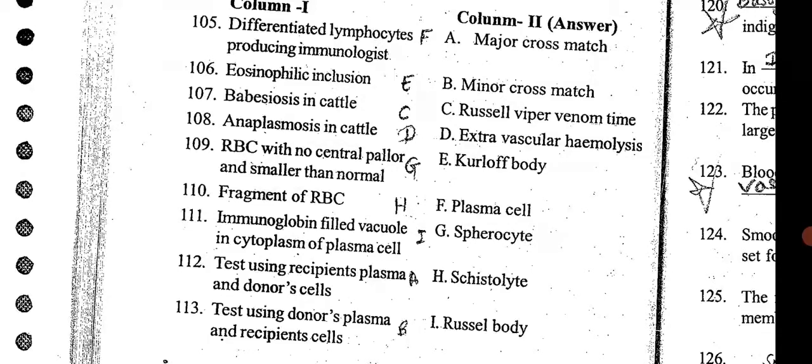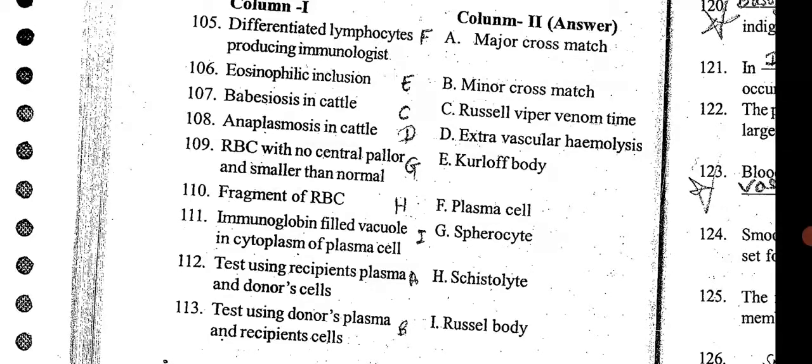It was used to stop bleeding in minor cuts and abrasions, such as injury by a surgical blade or any other sharp object. So it is linked with babesiosis in cattle.